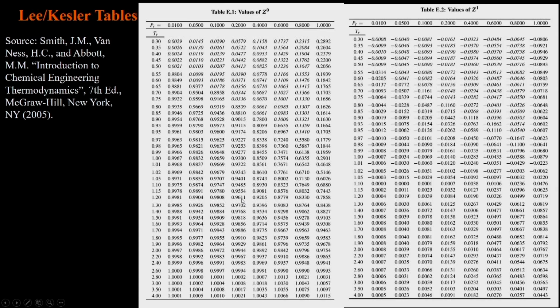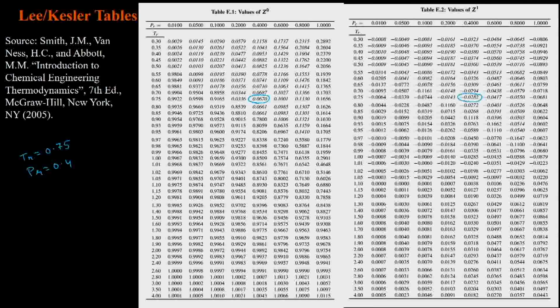So let's look at the table. The values we listed were 0.75 for reduced temperature and 0.4 for reduced pressure. Let me see where I can find these numbers. 0.75 and 0.4.